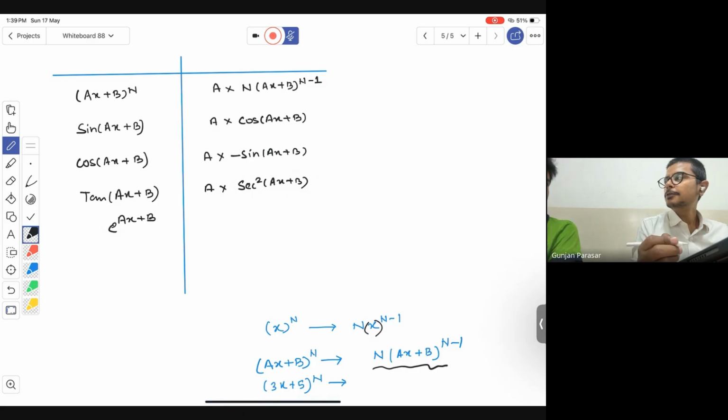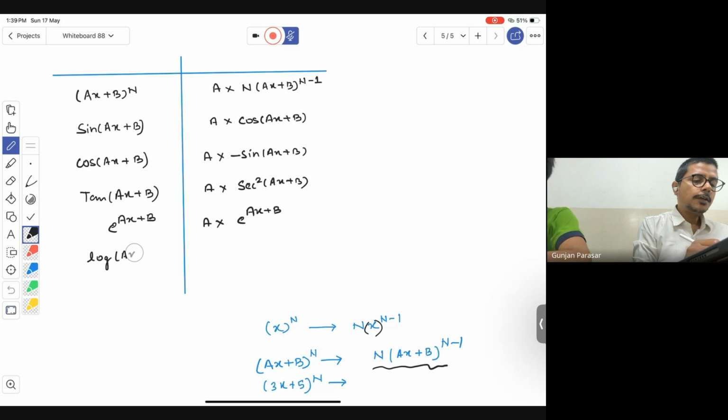It's like immune to differentiation. So e^(ax + b) will become e^(ax + b). The extra thing is multiply by a. Correct. Log x differentiation was 1 by x. So log(ax + b) differentiation will be 1 by (ax + b). Correct. But the extra thing is we multiply by a.